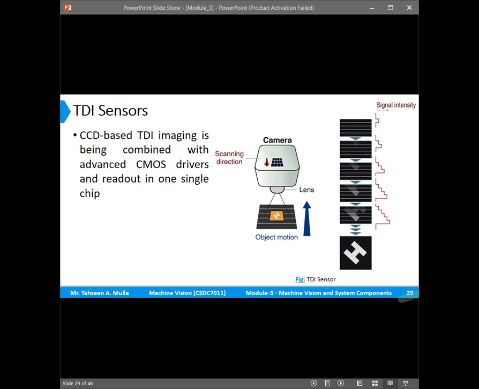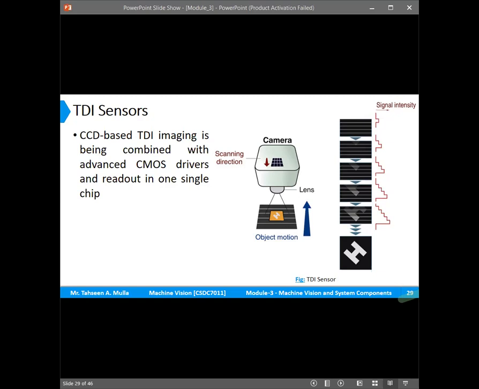This is TDI imaging, combined with advanced CMOS drivers and read out in one single chip. You can see here, this is my camera, on top here. The scanning direction, again, TDI sensors use line scan cameras. So line by line, rows of pixels will be scanned.